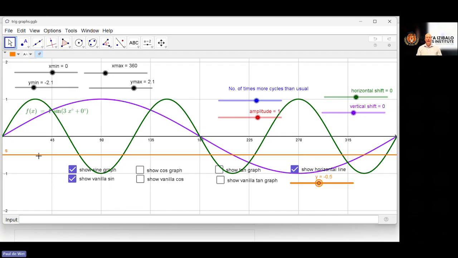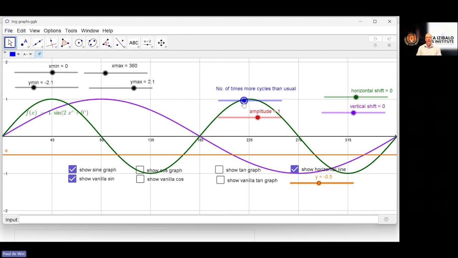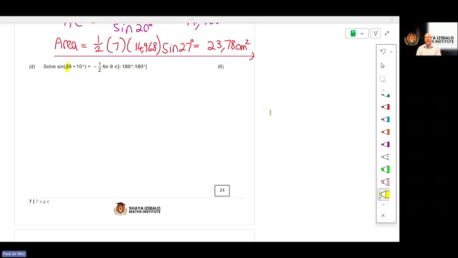Twice. Now, if instead of the purple graph, we have sine 2 theta, how often does it hit the orange line? 4 times. We're going to get twice as many solutions as usual.